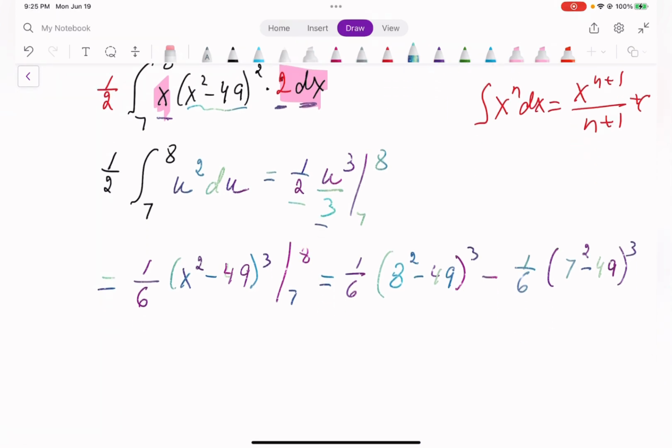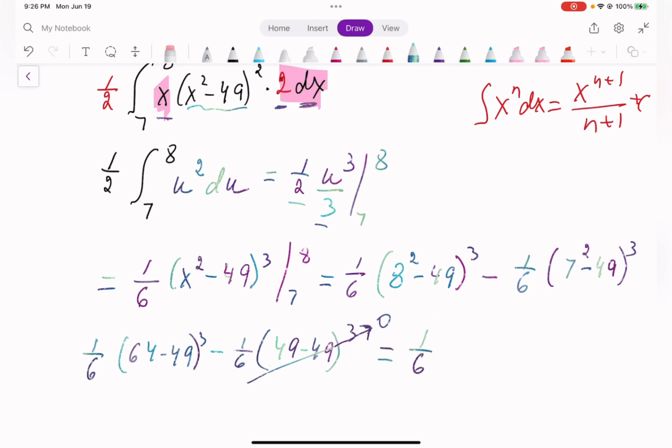Okay, so how much are we going to get? 1 over 6, 8 squared is 64, minus 49 cubed, minus 1 over 6, 7 squared is 49, minus 49, to the power 3, this is going to be 0, right? 49 minus 49 is 0. We are going to have 1 over 6, 64 minus 49 is 15. So it's going to be 15 to the power 3.